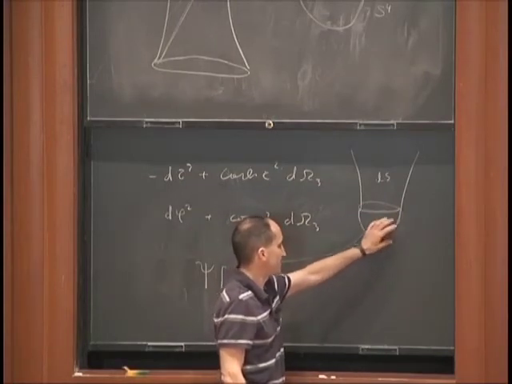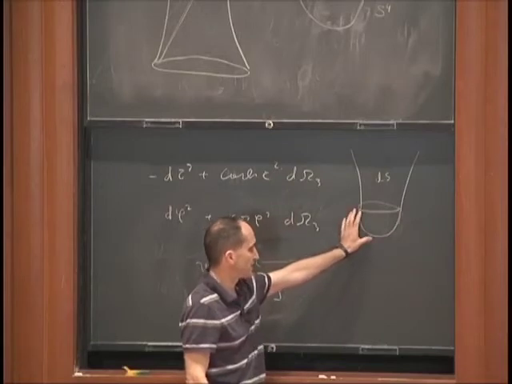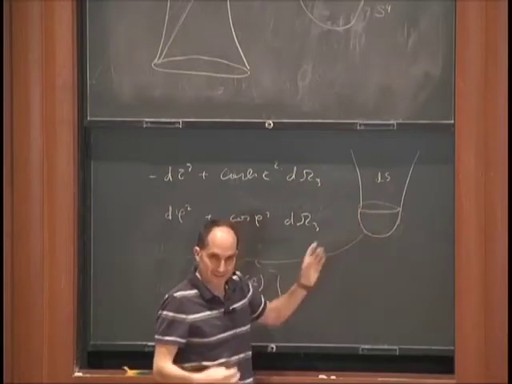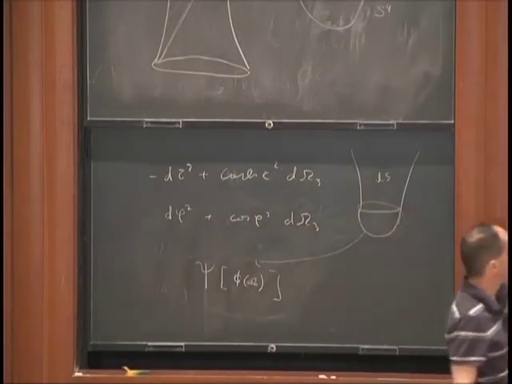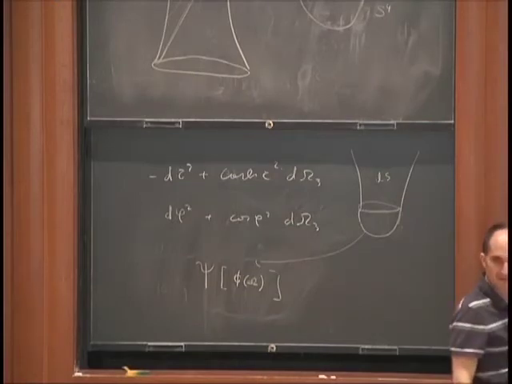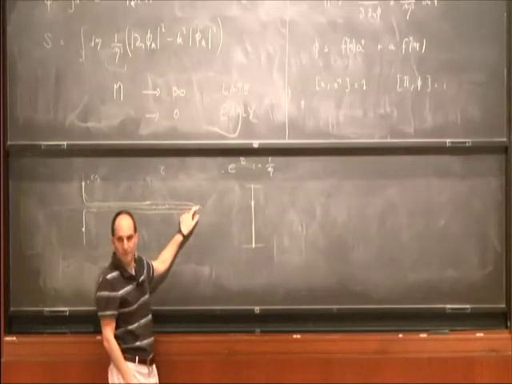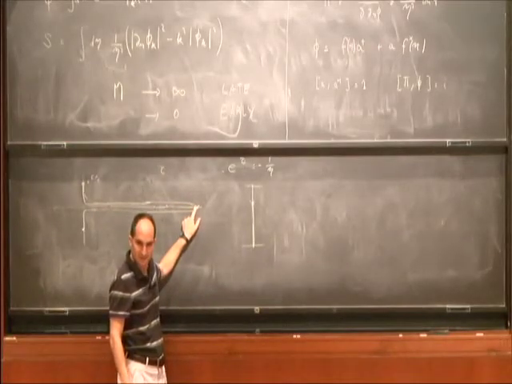This integral over the Euclidean part of the S4 chooses the vacuum, and that corresponds to this part of the integral here. That's defining our vacuum. This corresponds to Lorentzian evolution in de Sitter space.